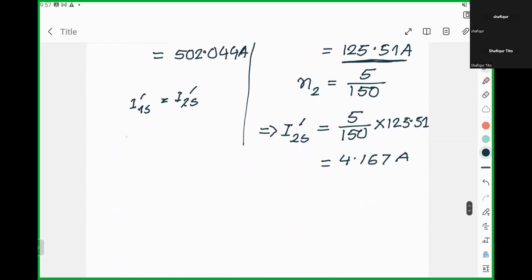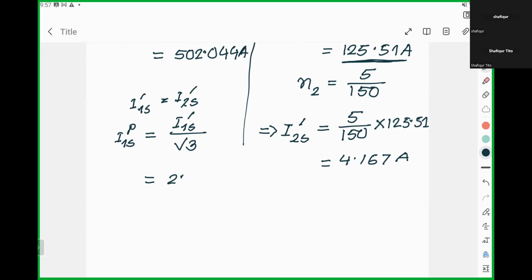So I need to find out I1S PH in order to find out the turn ratio of this coil. So that can be given by I1S prime divided by root 3.